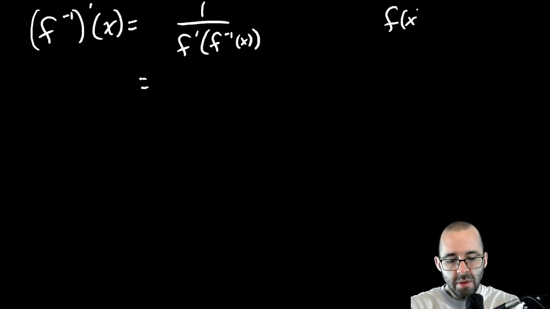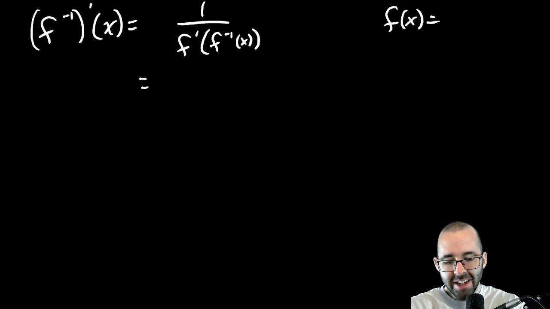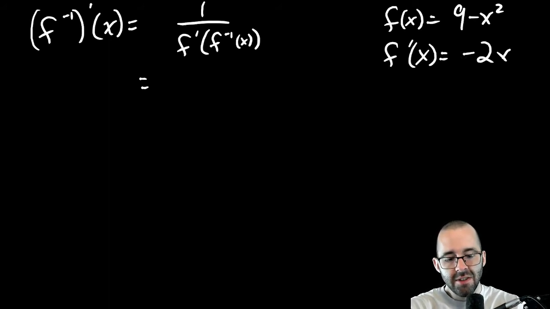Well, f of x, remember, was, I don't remember, 9 minus x squared. So f prime of x is negative 2x. And we're looking specifically at a here, which is 2.